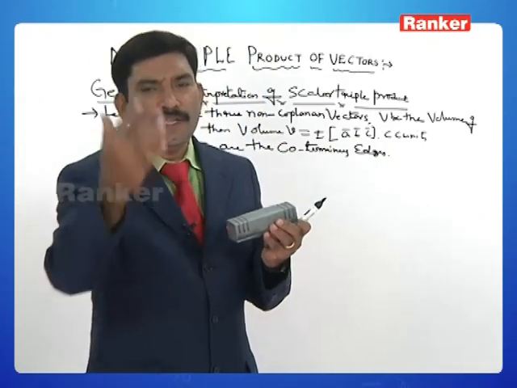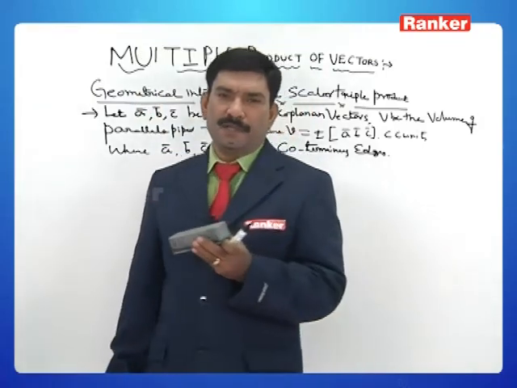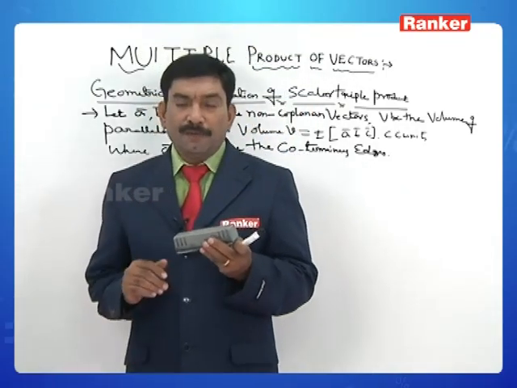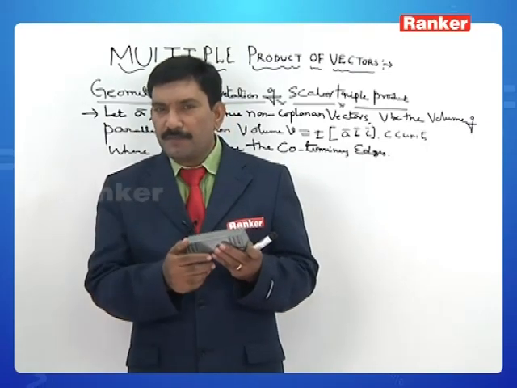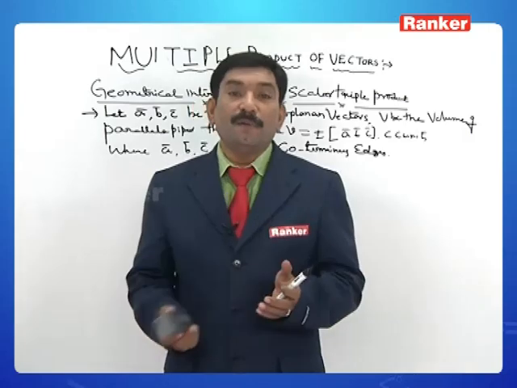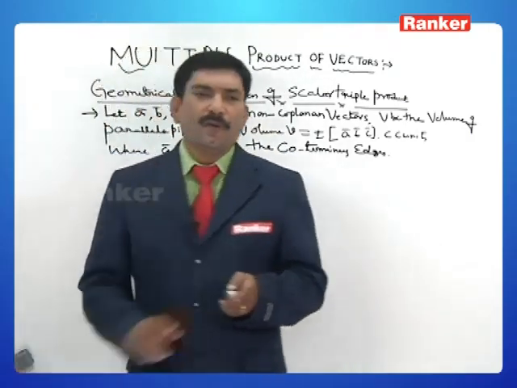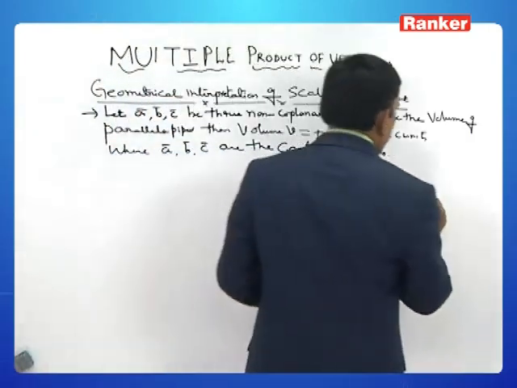Such a solid is known as a parallelepiped. So when the faces of a rectangle turn into parallelograms, it becomes a parallelepiped. So therefore, now what I do is, I take like this.